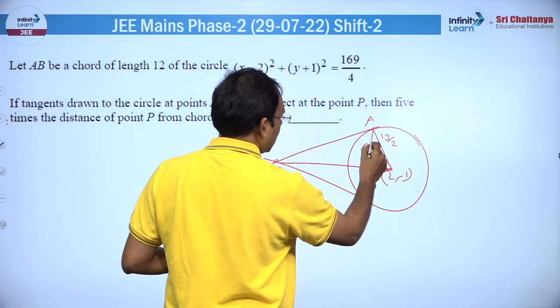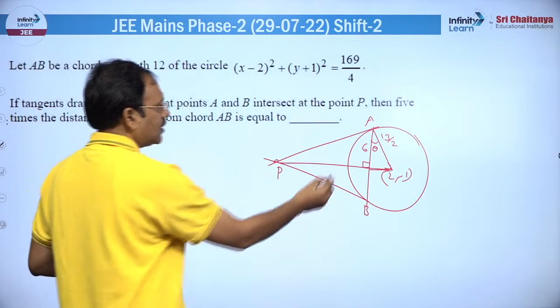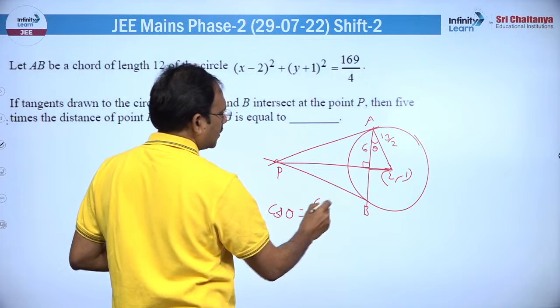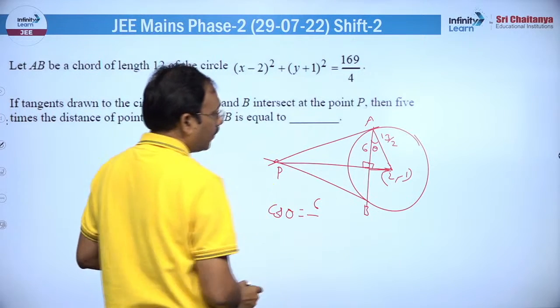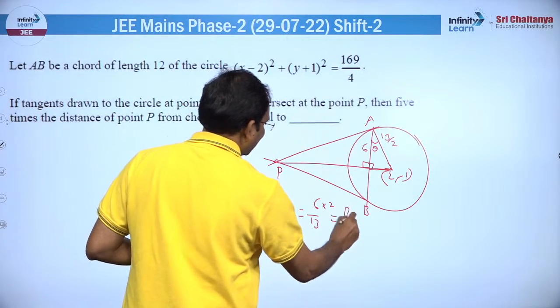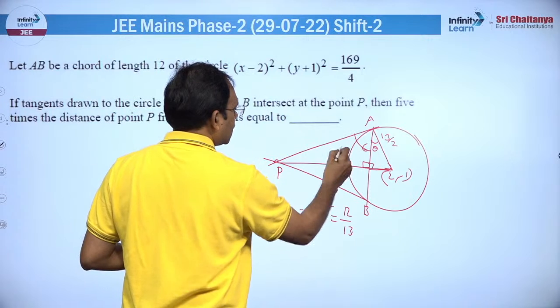Suppose this angle is theta. Then cos theta is going to be the adjacent side 6 by the hypotenuse 13 by 2, which is 12 by 13, my dear friends. If this is 12 by 13, this is 90 degrees.